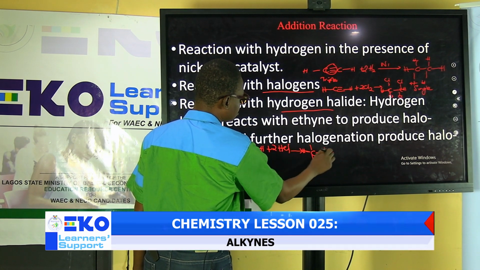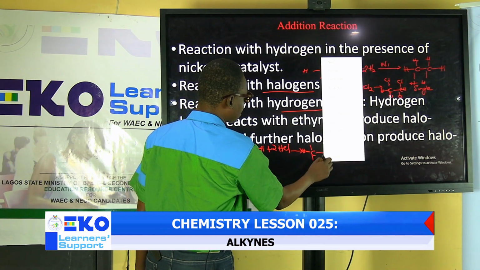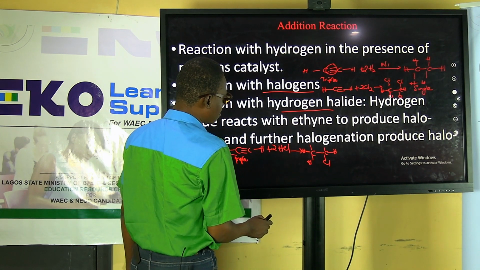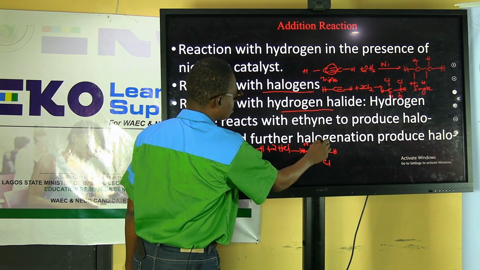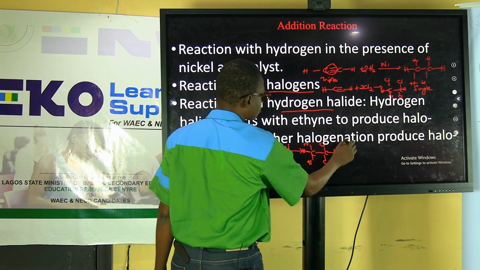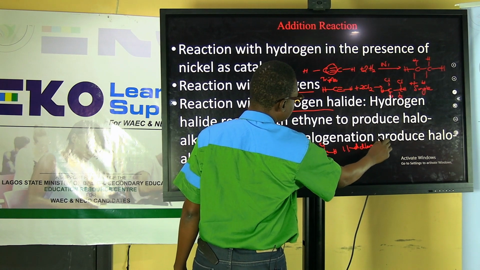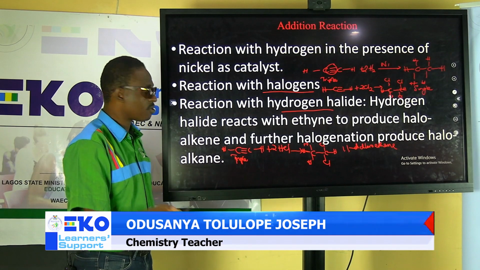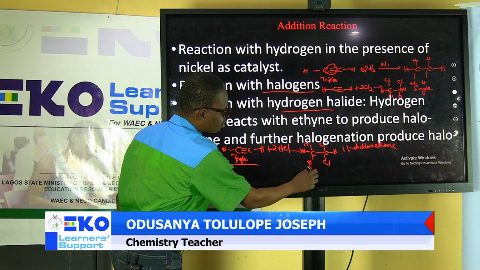So let's say this hydrogen, hydrogen. The first one, the chlorine can come here, while the hydrogen is here. Then what happens again? The hydrogen goes to the side that is having higher hydrogen, and chlorine comes here. So you have what we call 1,1-dichloroethane. So you are moving from a triple bond to a single bond.